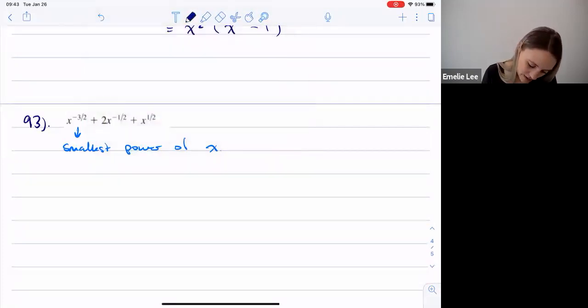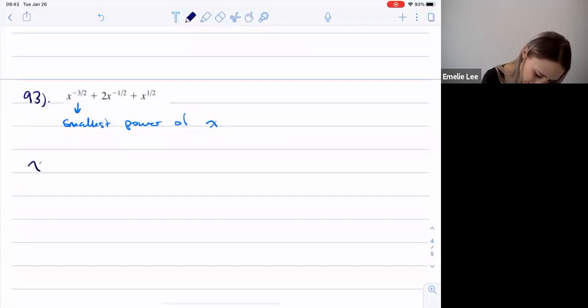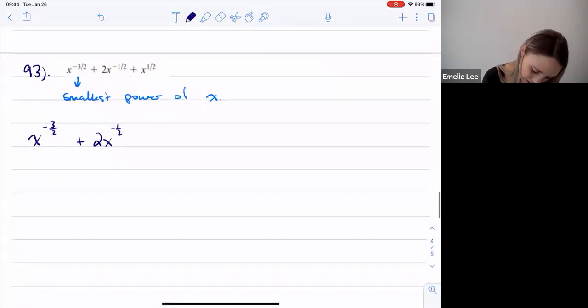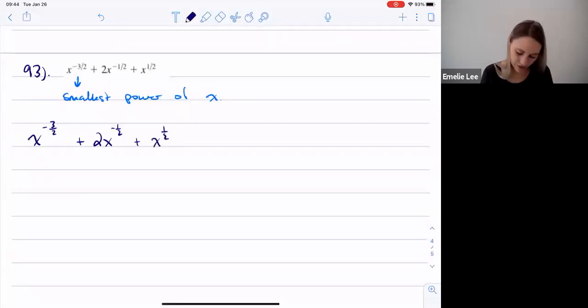So what this is going to look like is x to the -3/2 plus 2x to the -1/2 plus x to the 1/2. Okay. So here I've got x to the -3/2, and that's what I'm going to pull out from each of these terms. So I can kind of ignore this first term for now.